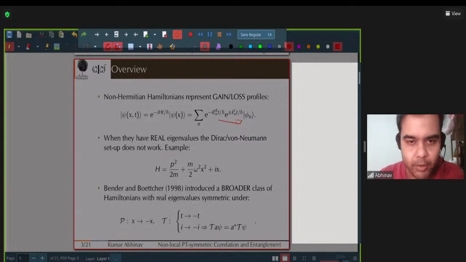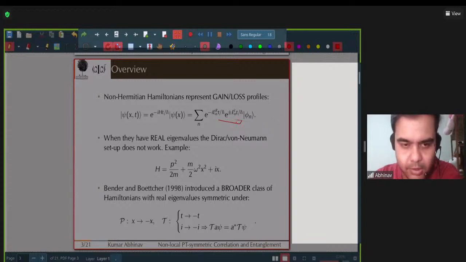That was okay. But for certain such complex Hamiltonians, it's surprising that, even without gain or loss, you have real eigenvalues. Such Hamiltonians are classified as PT symmetric Hamiltonians, and they were systematically studied by Bender and Boettcher in 1998 in their famous paper.